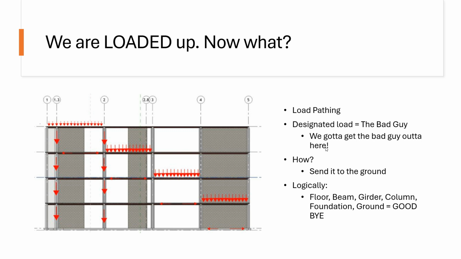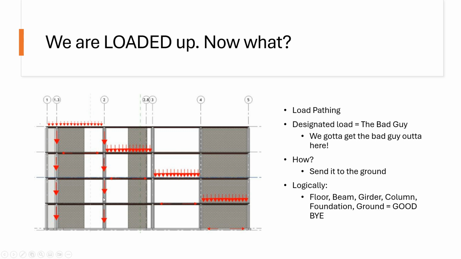So logically, say we're standing on a second story floor. Our weight is going to go to the floor, from the floor distributed to a beam, from a beam to a girder, and then to a column, which is shown here. The girder is going to take it to the column.